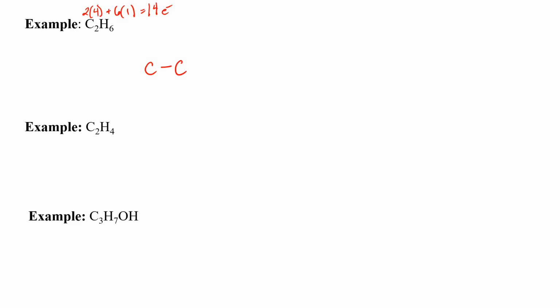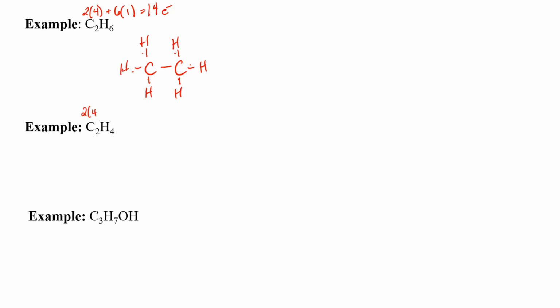Next, we're going to attach anything other than hydrogen. Well, we don't have any of those. Next, we're going to attach our hydrogens symmetrically. And we don't have any other electrons. We've used 2, 4, 6, 8, 10, 12, 14. So we don't need any multiple bonds here. Every atom is happy.